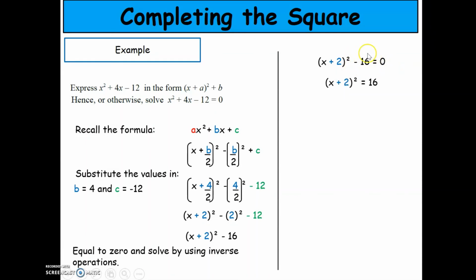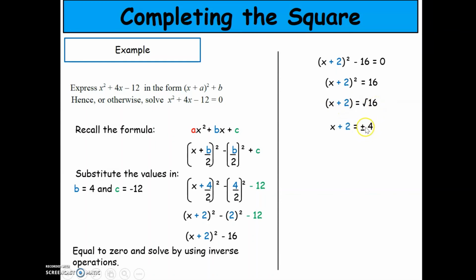So if I move minus 16 over to the other side, it becomes positive 16. The opposite of squaring is the square root. So we are going to square root 16 in this case. So we have x plus 2 equal to the square root of 16.